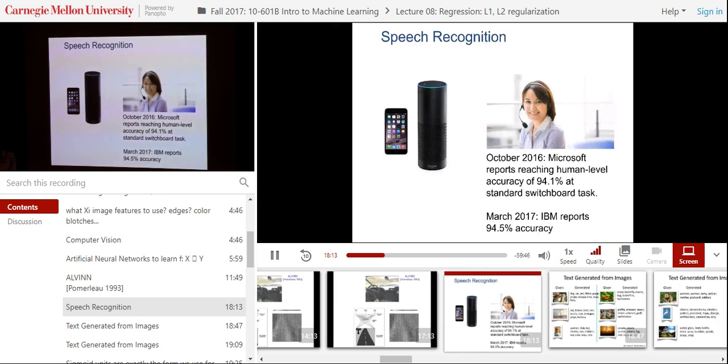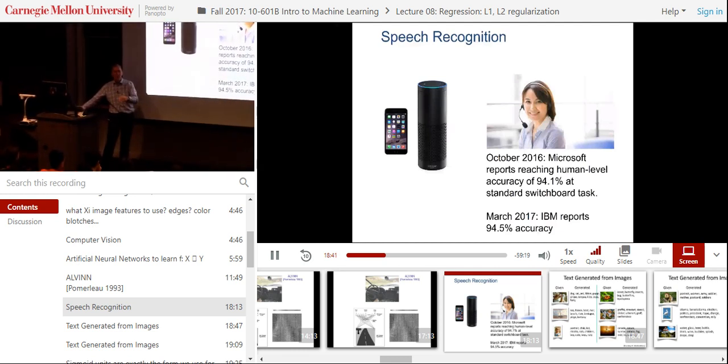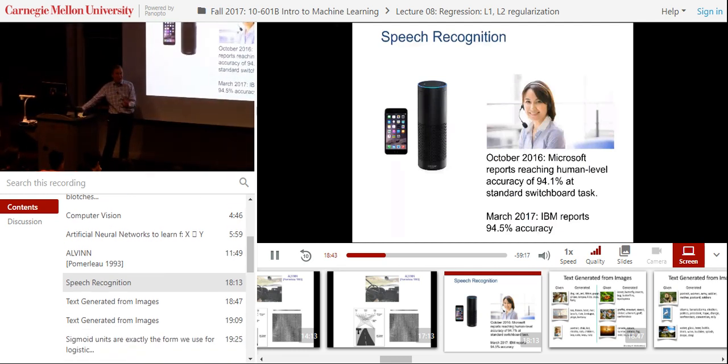Okay, and today, of course, a consequence of the last decade of research in deep learning is that we now have, for example, human level or near human level performance in speech recognition as well as computer vision in a variety of domains. And when I say speech recognition, I mean going from the sound to the text. I don't mean going from the sound to being able to answer the question.